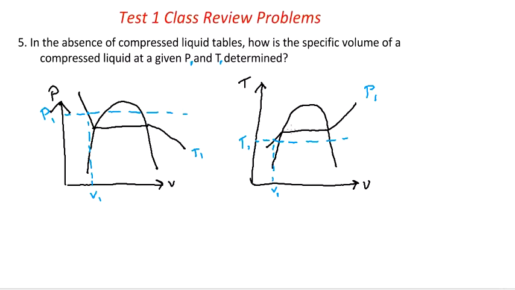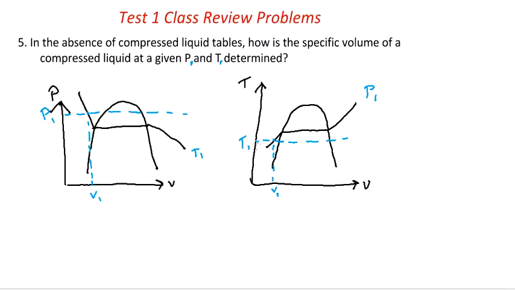When we look at the saturated water tables, we are given a v_fg, which is when it turns from a gas-liquid mixture into actually being liquid.